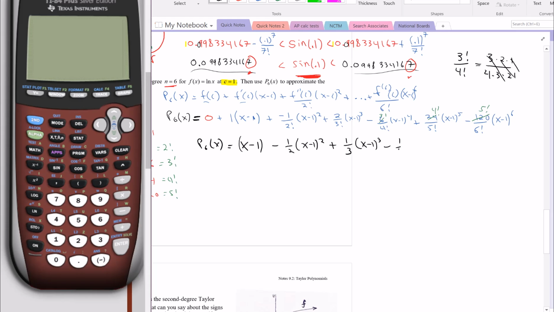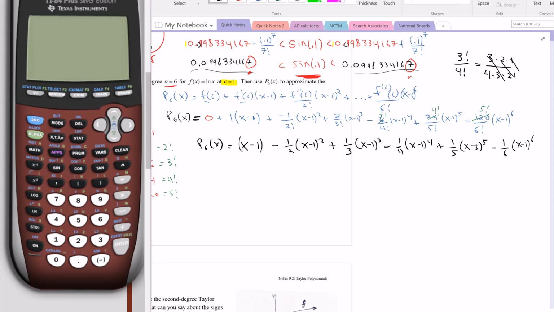So 1/4 x minus 1 to the 4th, plus the same thing happens with 4 factorial and 5 factorial. Everything cancels except for the 5 down here, and the same thing happens here. Okay, and so that's our 6th degree polynomial approximation.